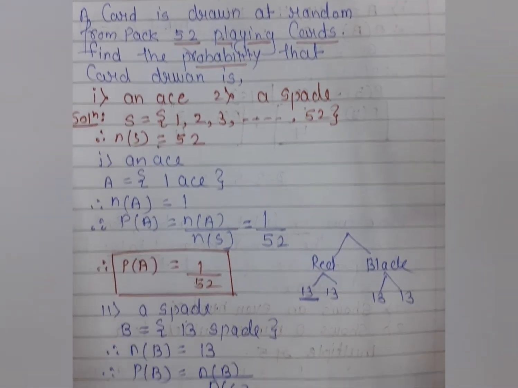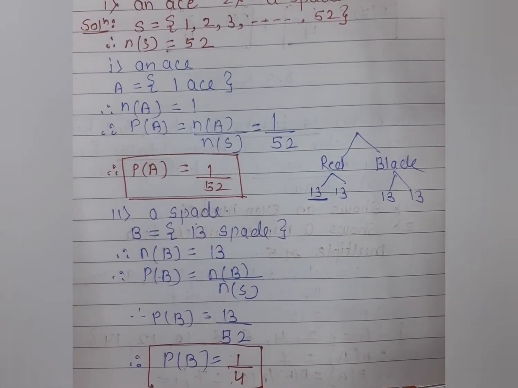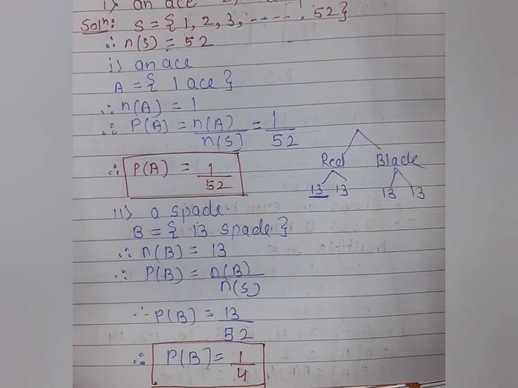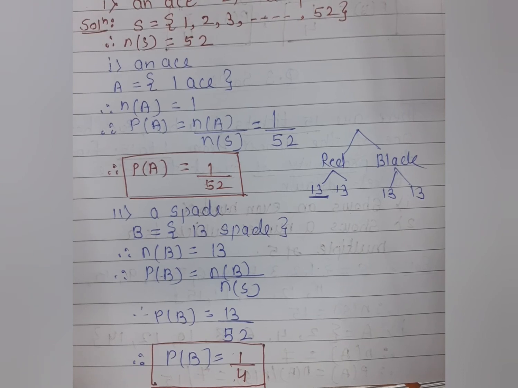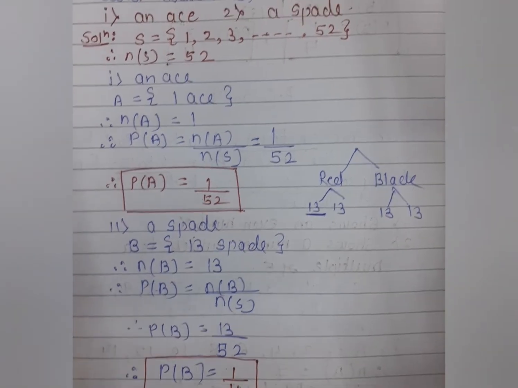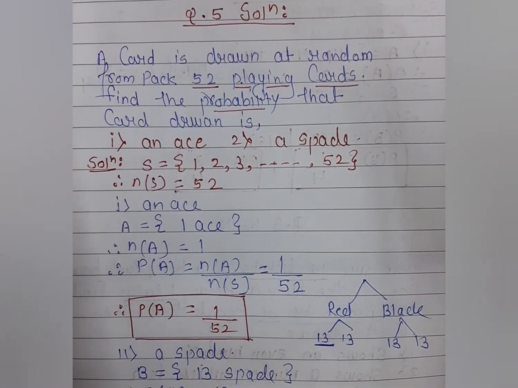Here you can see, students, that P of B is N of B upon N of S, that is 13 by 52. So P of B here we are getting 1 by 4, students. So here, students, we are getting the result of the whole question, that is question number 5 solution.